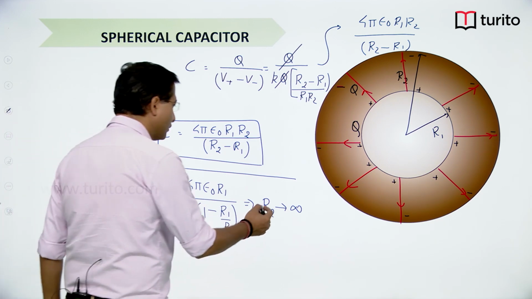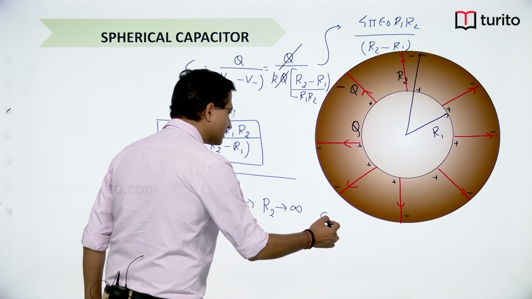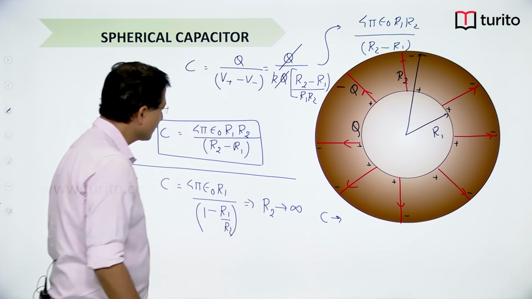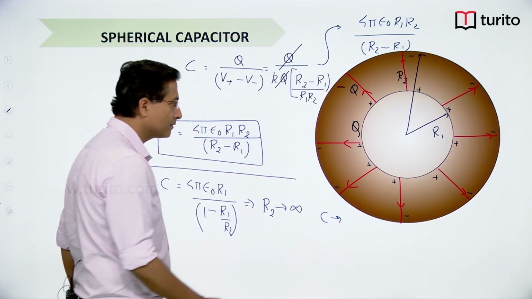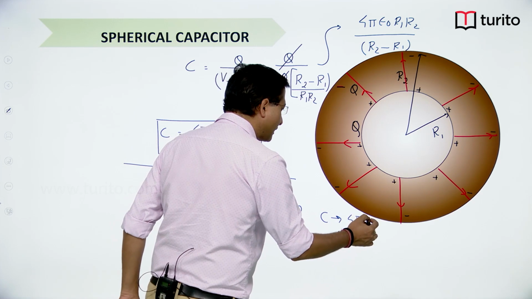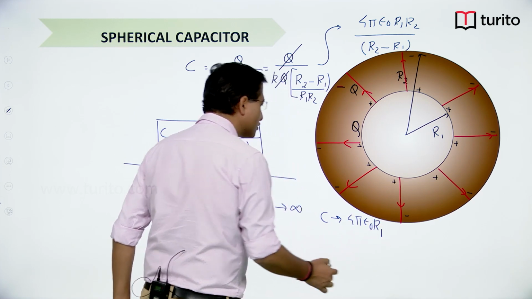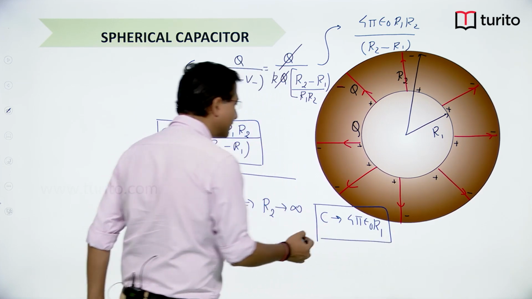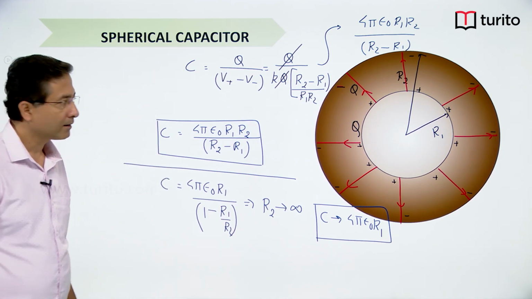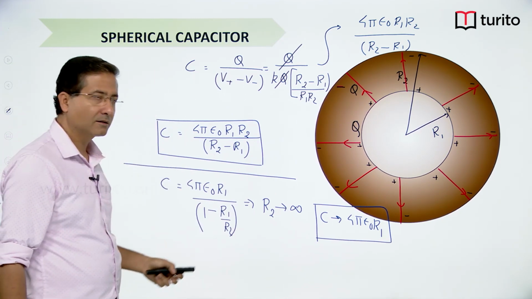So, when R2 is tending to infinity, C is tending to 4 pi epsilon naught R1, this was the capacitance we got for the isolated sphere. That means what we are getting is correct.